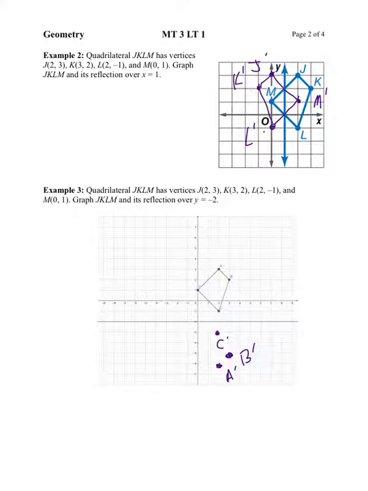I'm going to be at -5 there. Now if I connect my points in order, then I have my new image, and it is congruent to your original image.